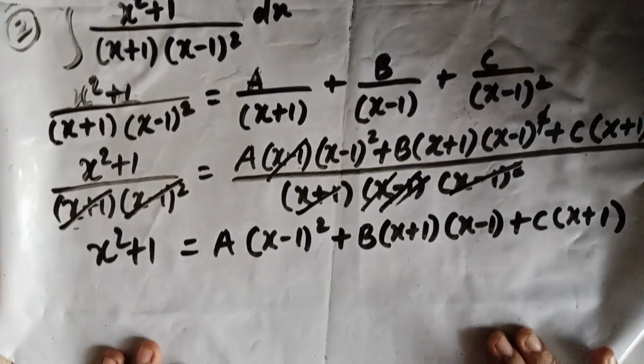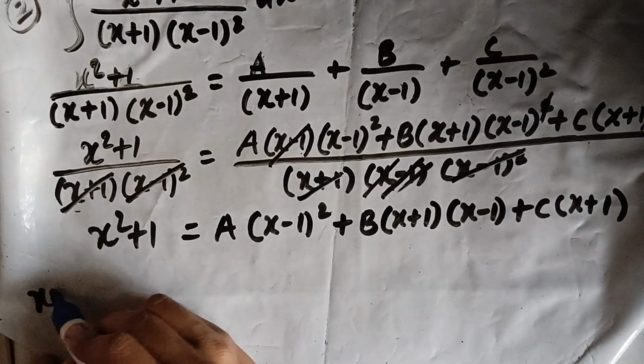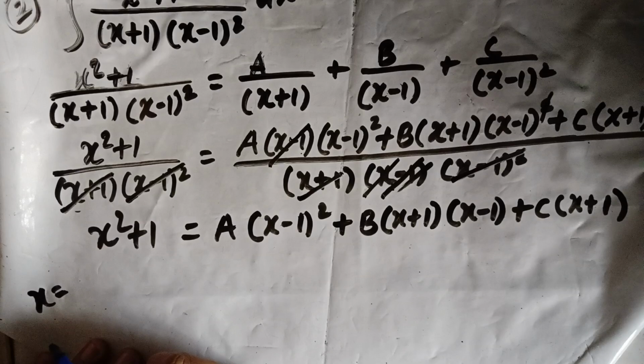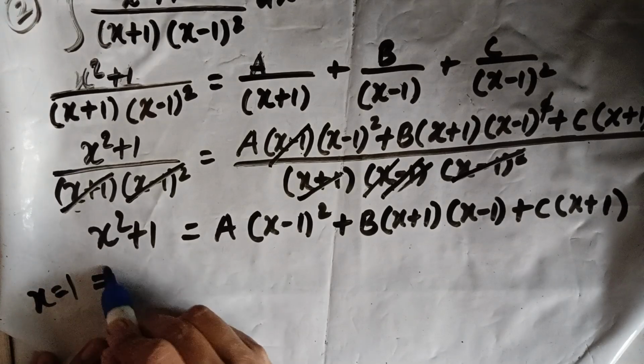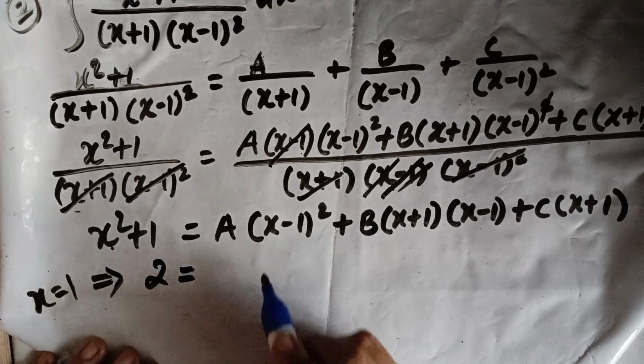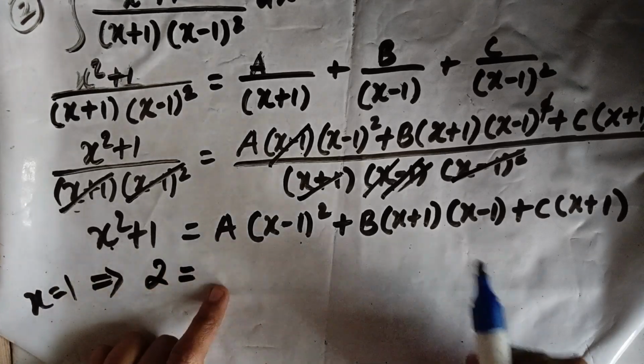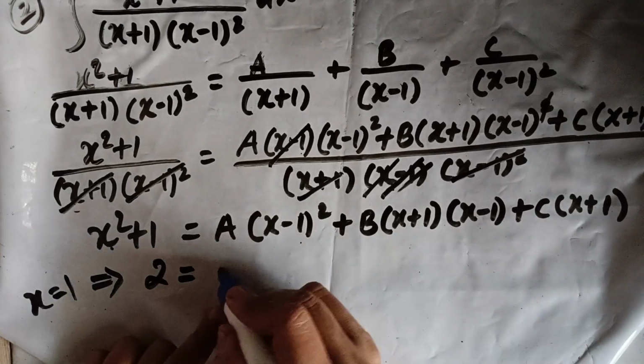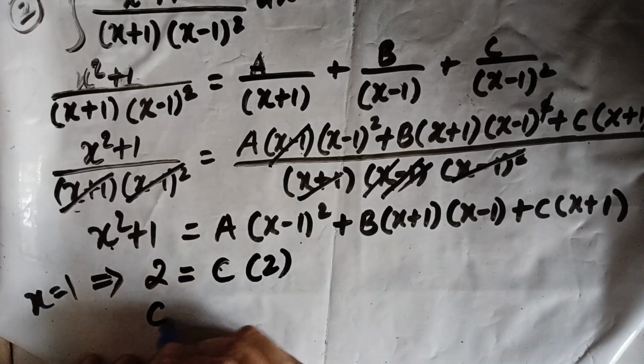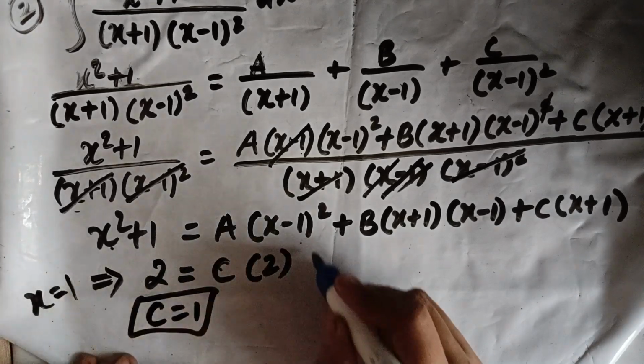Now we'll put x equal to 1. When you put x equal to 1 you'll get here 2. Then this is 0, this is also 0, so you will get 2, so C is equal to 1.